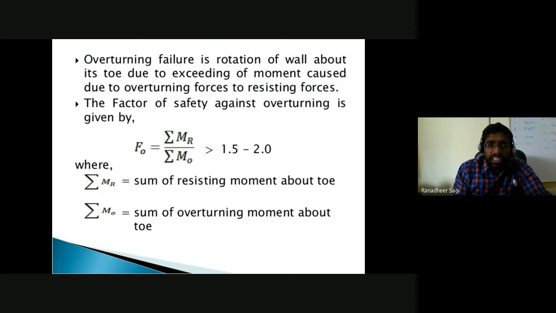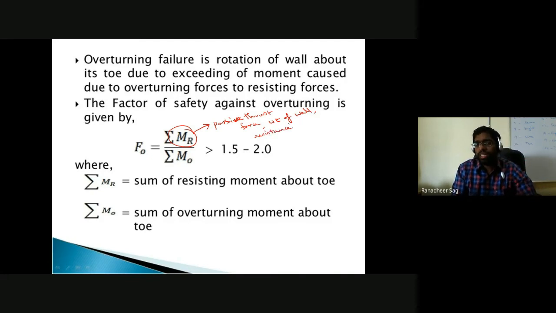So the resisting moments, whenever we are talking about them, could be because of your passive thrust force, and due to the weight of the wall, and also due to any other resistances that you come across at the base of the retaining wall.